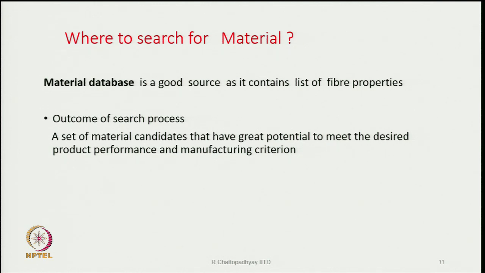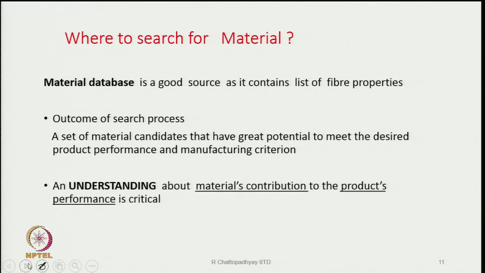Similarly, whatever other accessories we use for any product, we have to maintain a database of the different material that is used and their properties. So, the outcome of the search process is a set of material candidates that have great potential to meet the desired product performance and manufacturing criteria.